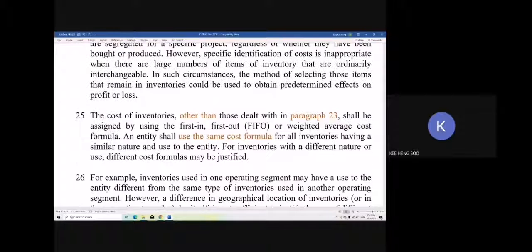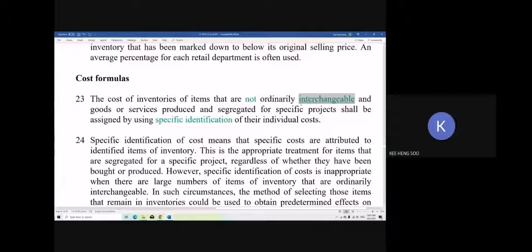Interchangeable. So then you apply first in first out or WAC. These are called interchangeable. Clear? You use the cost formula. Items not interchangeable, you have to read.